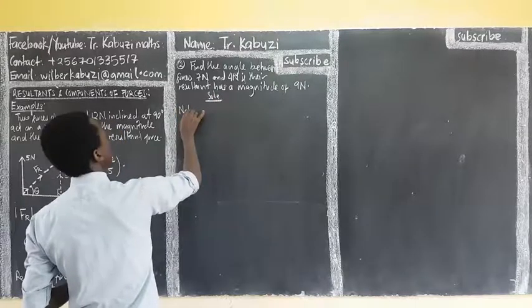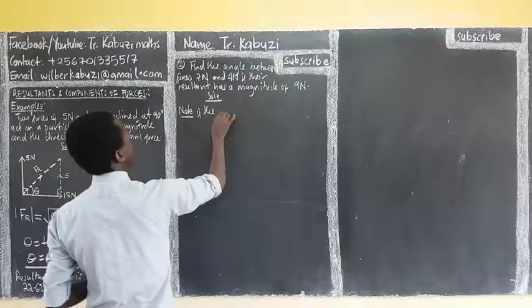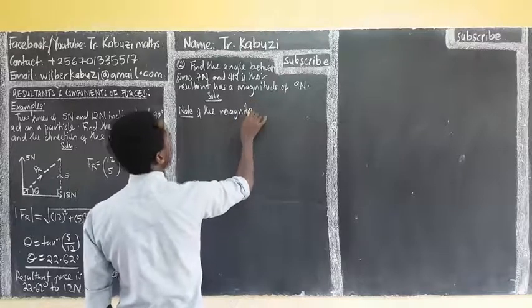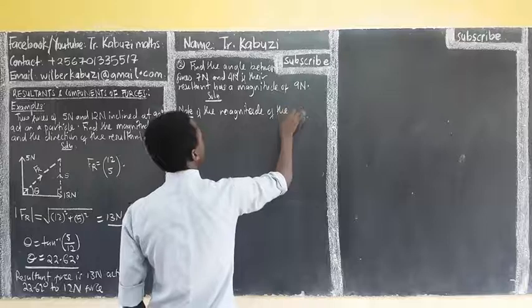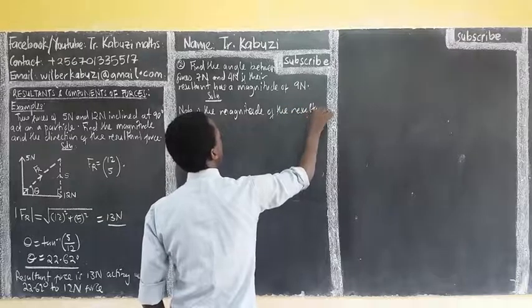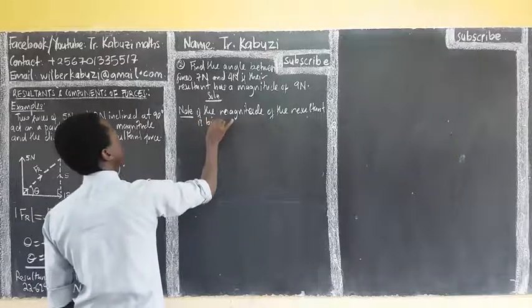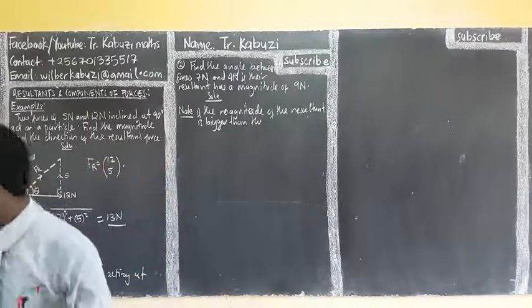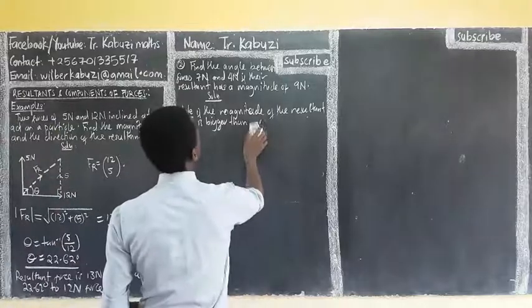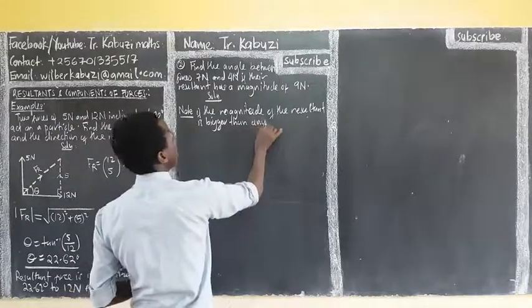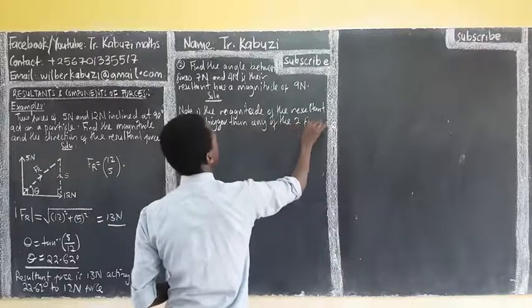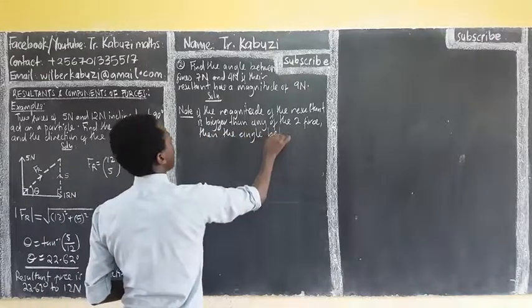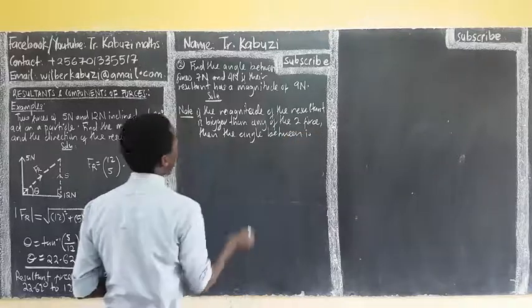Note: if the magnitude of the resultant is bigger than any of the two forces, then the angle between them is always acute.